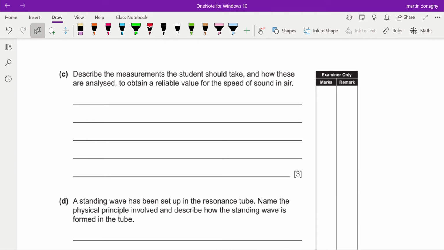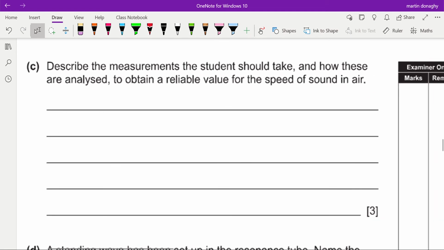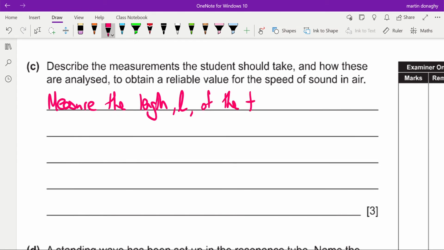Describe the measurements the student should take and how these are analysed to obtain a reliable value for the speed of sound in air. First thing we need to do is measure the length L of the tube at the first position of resonance.